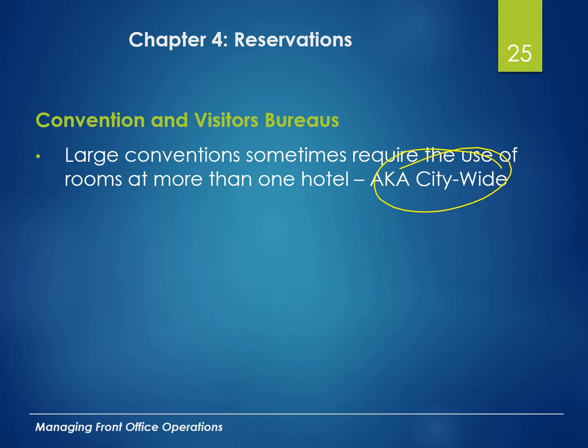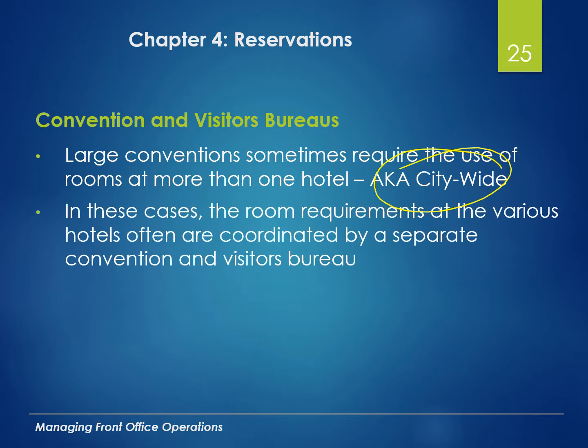But then we have groups that utilize the convention center, and they may have 20,000 attendees. Well, there's no one hotel that can house 20,000 people. And so as a result, we have what's called citywides. That's where the Convention and Visitors Bureau comes in to assist the hotels in the area to make sure that they know what groups are going to be here. They can connect them with the meeting planner so that the meeting planner can work directly with the hotels to negotiate those rates. Okay.